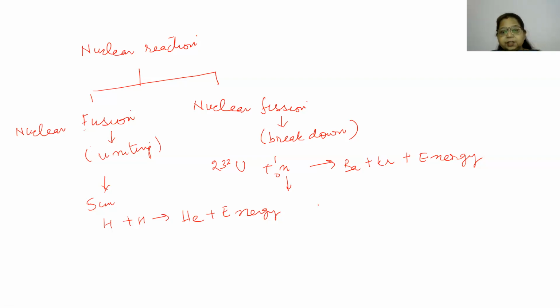It can be created. Have you heard about a term called radioactivity? When you go for an X-ray, or when somebody in the family is not keeping well, you need to go for an X-ray.